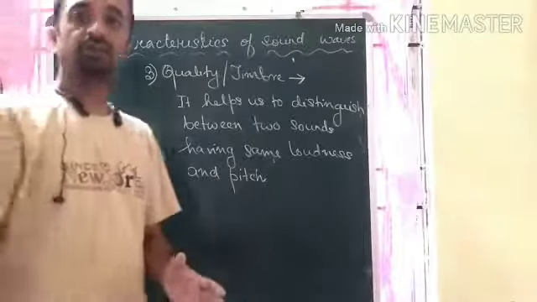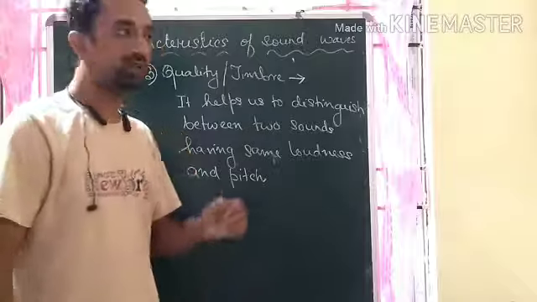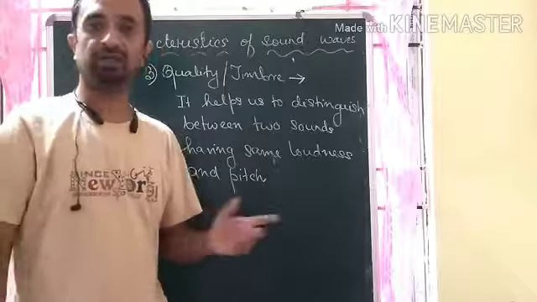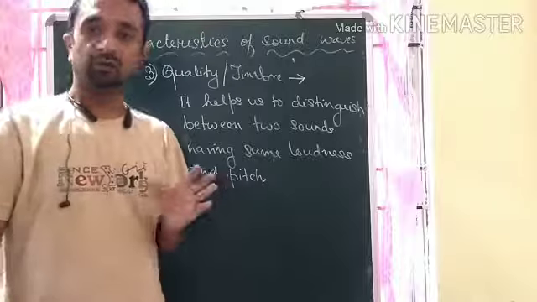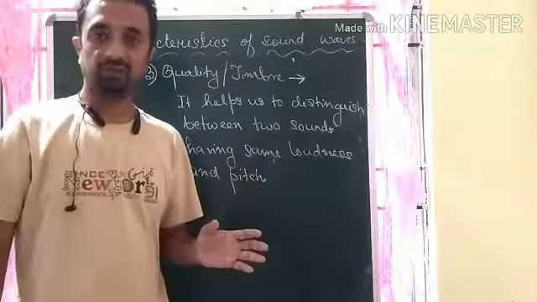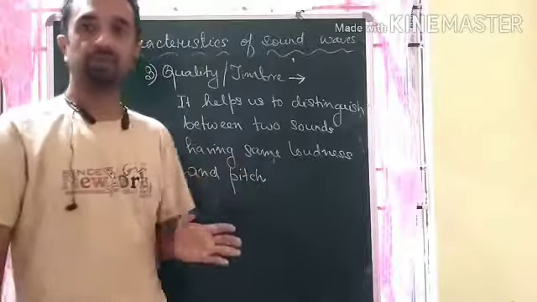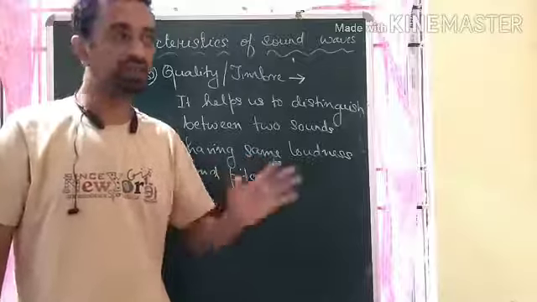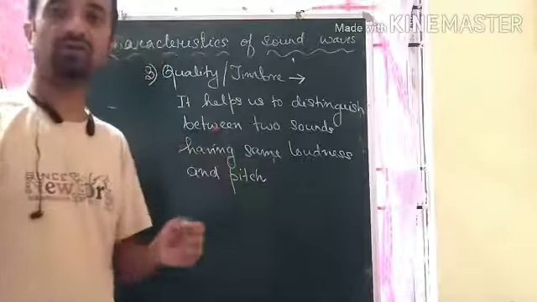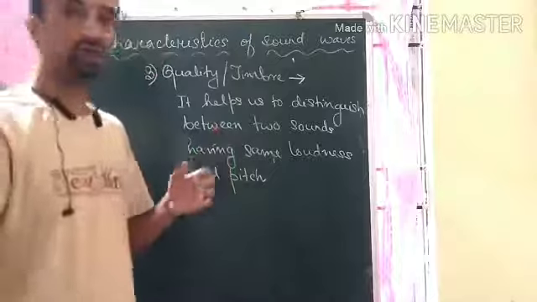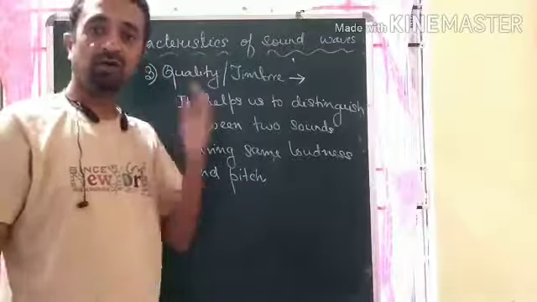Now take for example the sound produced by musical instruments, suppose a sitar and a guitar. Both have the same loudness, both have the same pitch, but without seeing you can distinguish which one is the sound of a sitar and which one is the sound of a guitar. How is that possible?